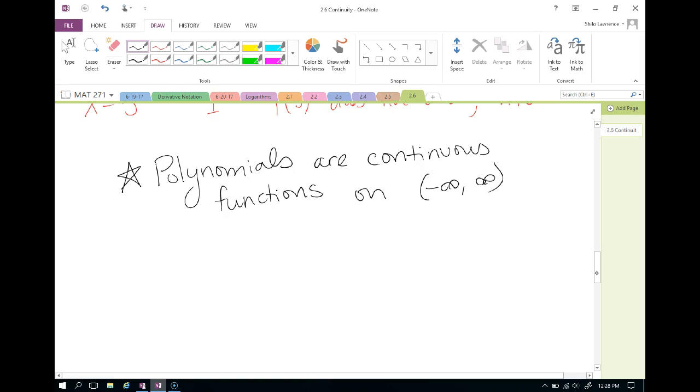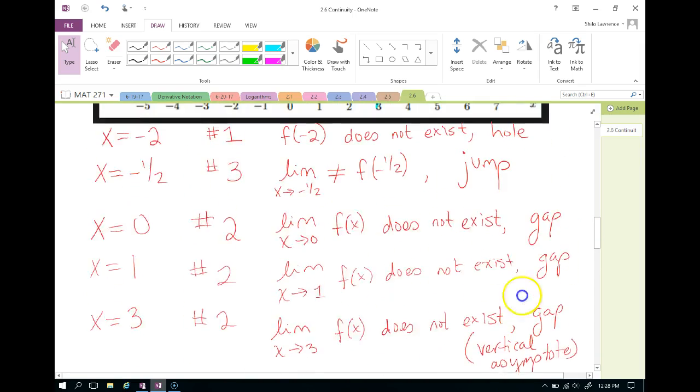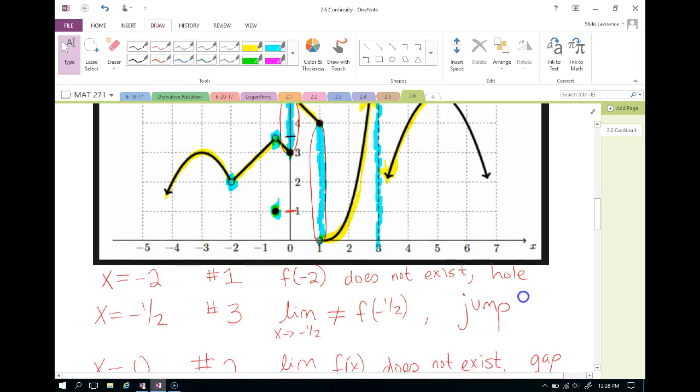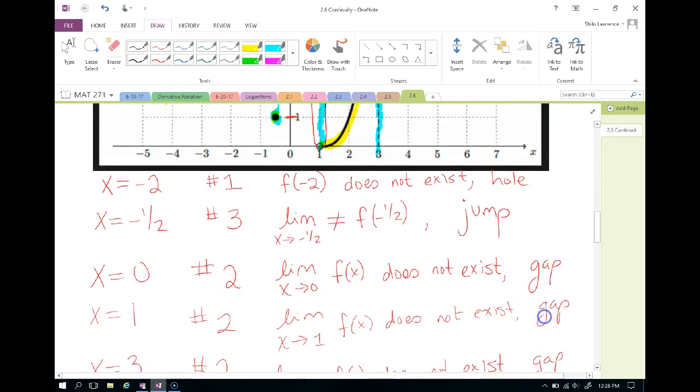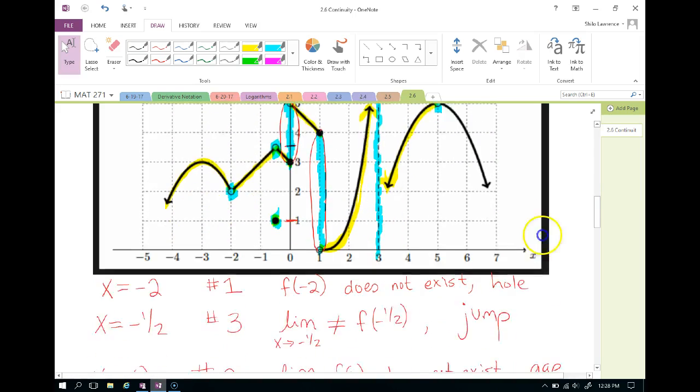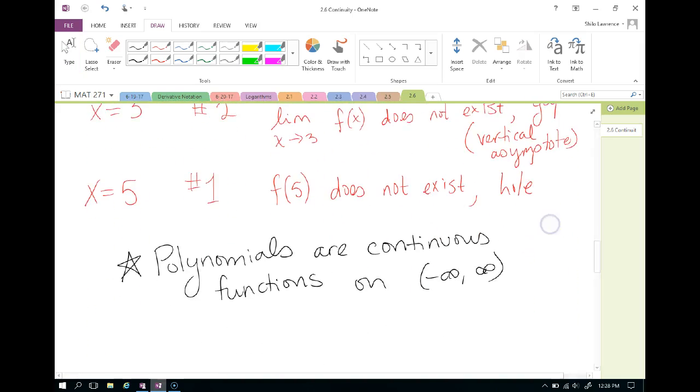Anywhere we have a discontinuity, it's very similar to domain. They're not exactly the same thing because we could still have a filled-in spot, which means it's part of the domain. But the holes and the gaps, those vertical asymptotes and those holes, those would not be part of our domain.